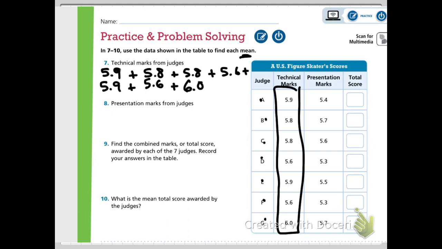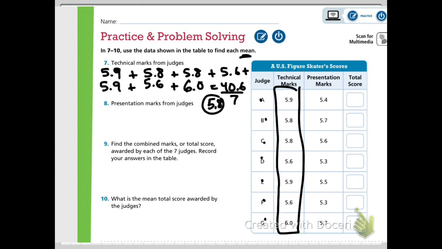So let me re-add these again. 5.9, 5.8. That's 40.6. We divide by 7. That's the correct way. And then what we end up getting is 5.8. So the average for the technical marks is 5.8.